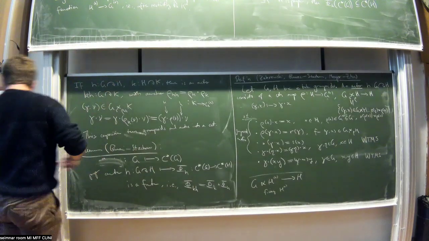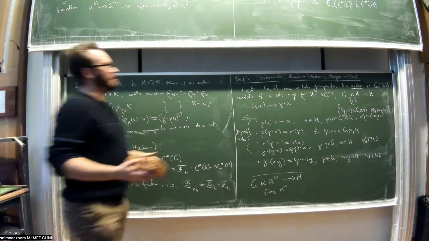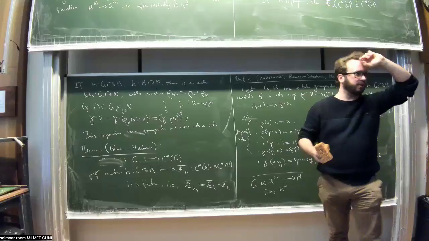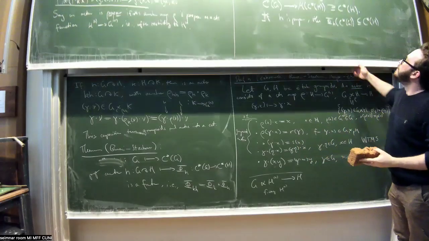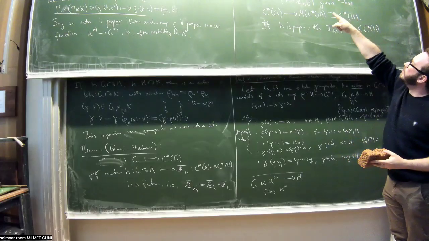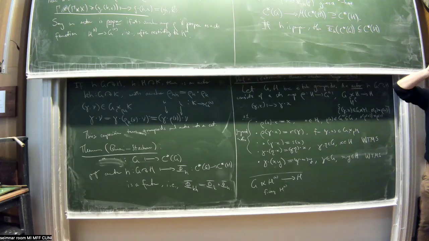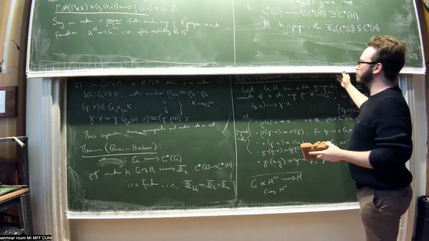The proof of that runs basically the same way as the proof that the convolution product in the groupoid C-star algebra is associative. The reason for that is the formula for this multiplier that we induce looks very much the same as the convolution product in a groupoid C-star algebra.